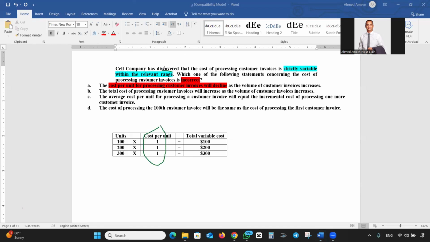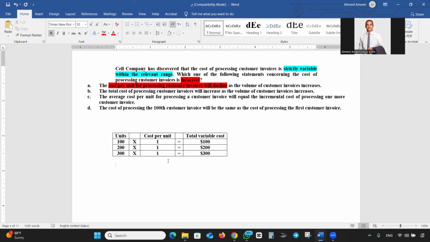He mentioned here that we are in the relevant range. The relevant range means that the variable cost per unit will remain at its amount and will not change. But because the number of units in the production increases, the total cost will increase, of course. How is this useful to our solution?